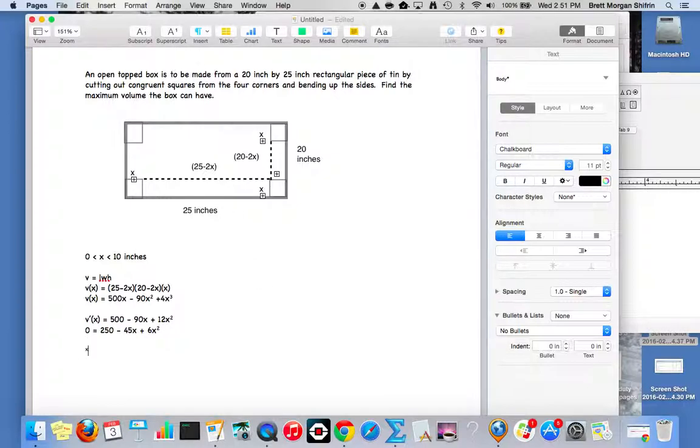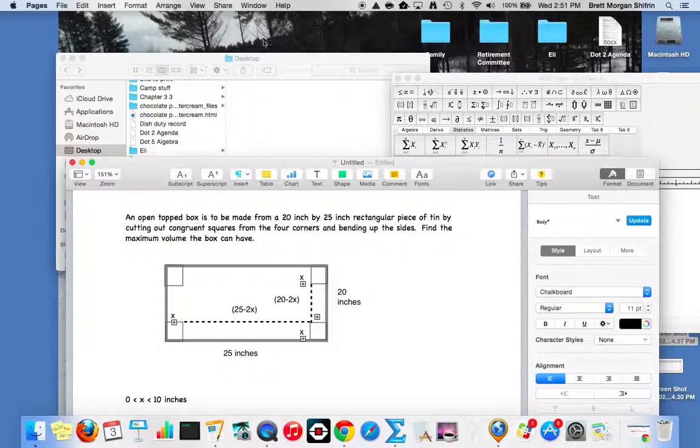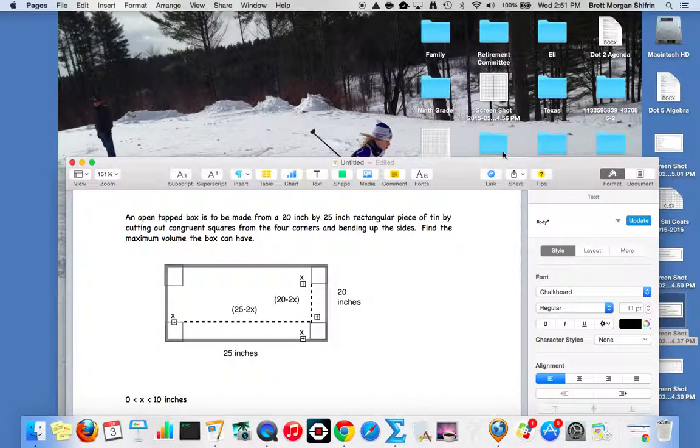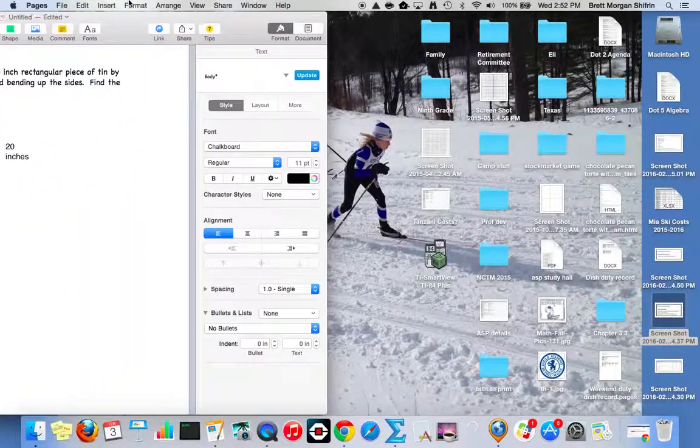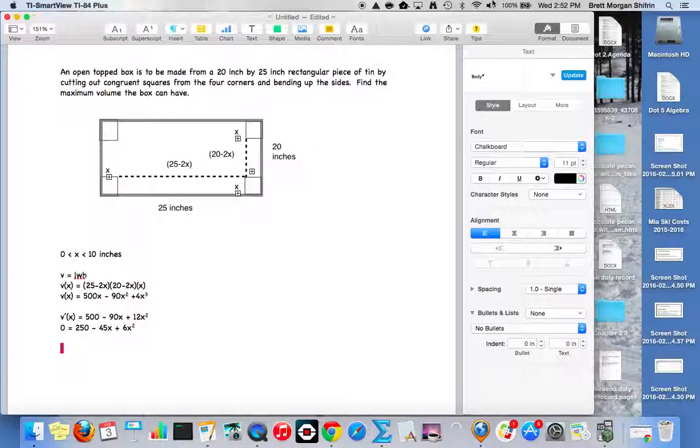It doesn't factor, so I could use the quadratic formula, or I could use my graphing calculator, which is right here.